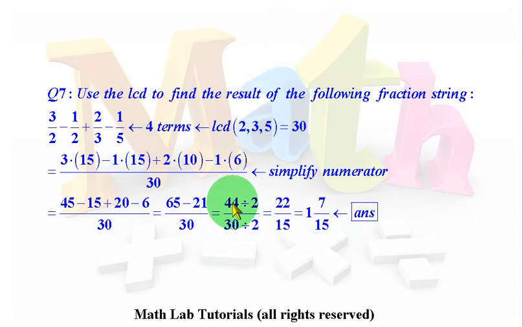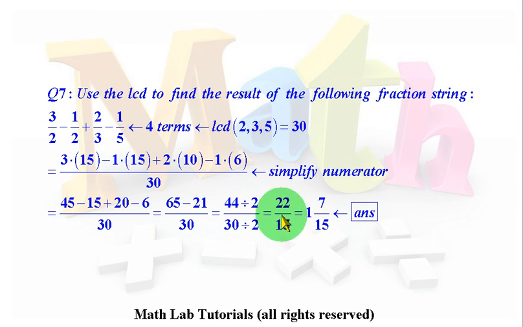So at the end, we get 44 over 30. You'll notice that this not only is an improper fraction, but it can be reduced. We notice that 2 divides evenly into 44 and into 30. 44 divided by 2 is 22, and 30 divided by 2 is 15, and then 22 and 15 have no common divisors, so that must be the reduced fraction.